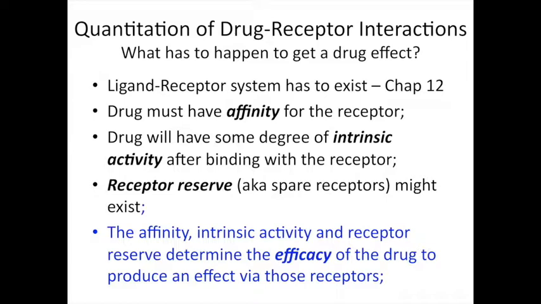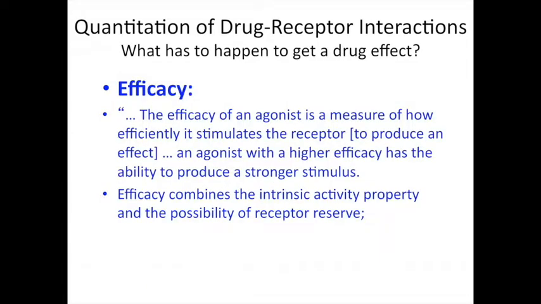So affinity, intrinsic activity, and efficacy all come together here. The efficacy of an agonist is a measure of how efficiently it stimulates the receptor to produce the effect. An agonist has higher efficacy when it produces a bigger effect, and lower efficacy when it produces a smaller effect, obviously.